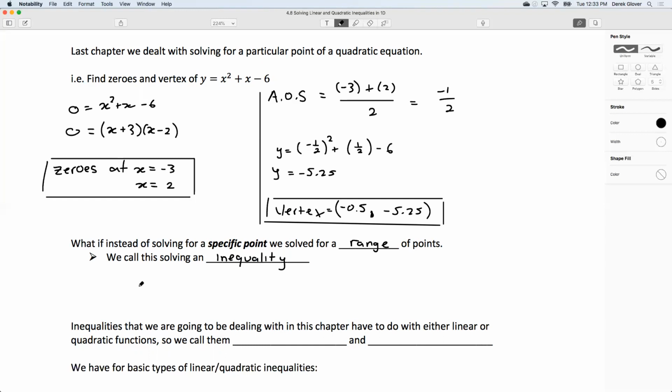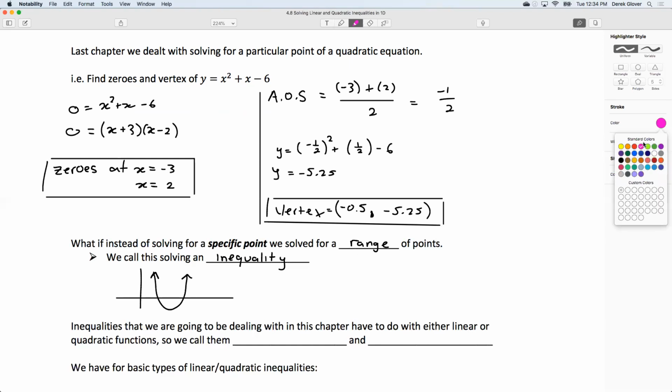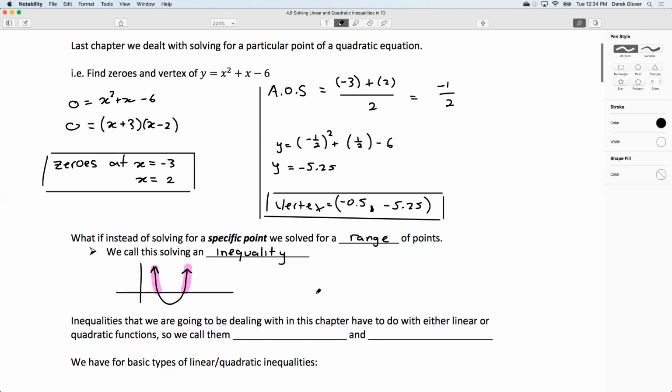For example, let's say that we had a function that looks like this, but maybe we're only interested in the points where y is greater than 0. Maybe we're only interested in these points. That's where we're going with this. That's this idea with inequalities.